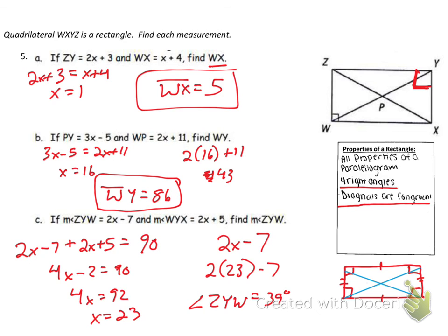Actually, no, you couldn't have said that. Never mind, scratch that. But we know that this is 90, so that's how I knew to set this equal to 90, was by adding the first part of the angle, which was right here, and then the second part of the angle, which was right here, and then setting that equal to 90.